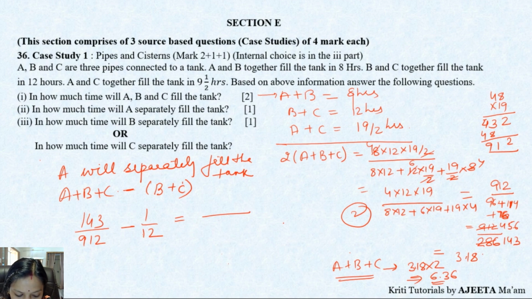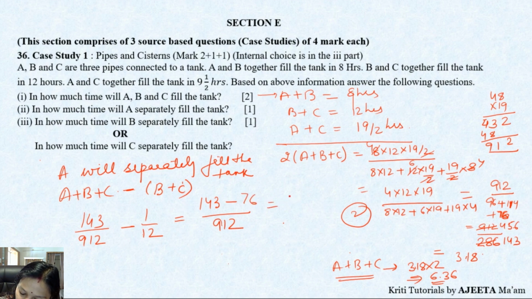Let's make it. That will be 912. Now let's make it for 143 minus, what do you get here? 912 divided by 12 is 76.